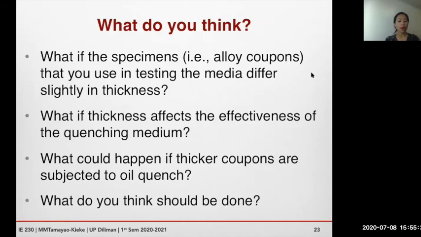First, what if the specimens or the alloy coupons that you are testing the media with differ slightly in thickness? And what if thickness actually affects the effectiveness of the quenching medium? What could happen if thicker coupons are subjected only to the oil quench? And what do you think should be done?